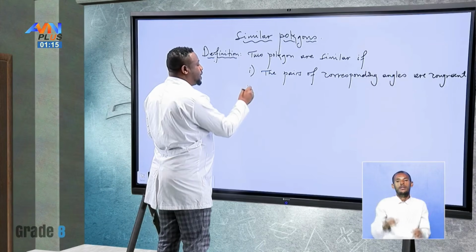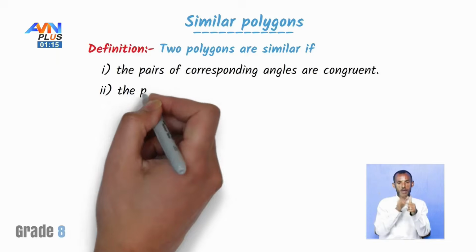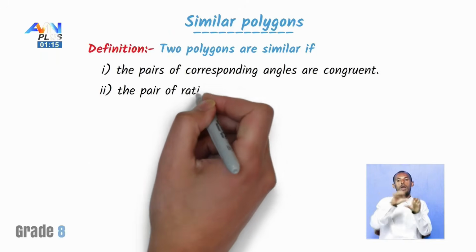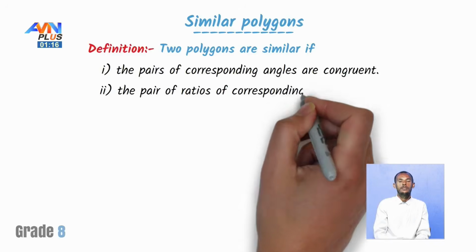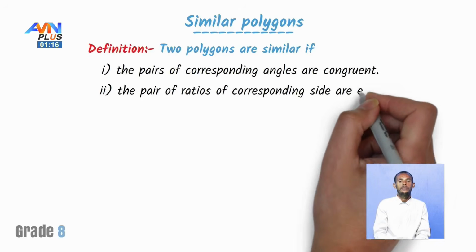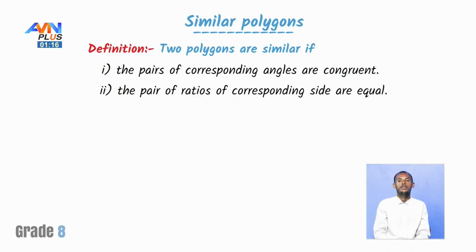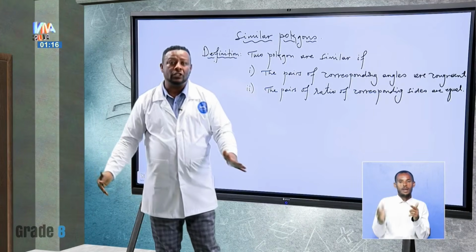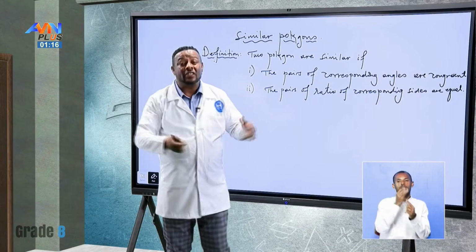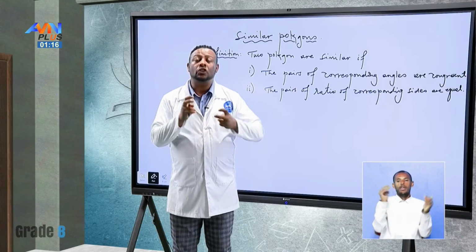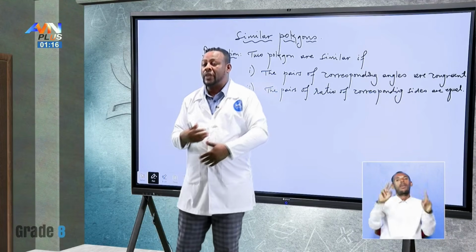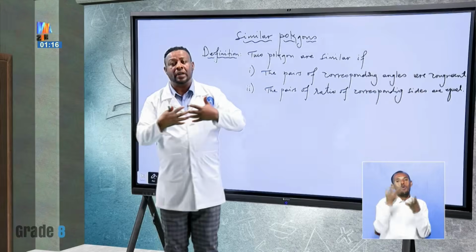That is the ratios of corresponding sides are equal. Okay, so the second condition is the pairs of the ratio of corresponding sides are equal. So these two conditions are very important to say two polygons are similar.